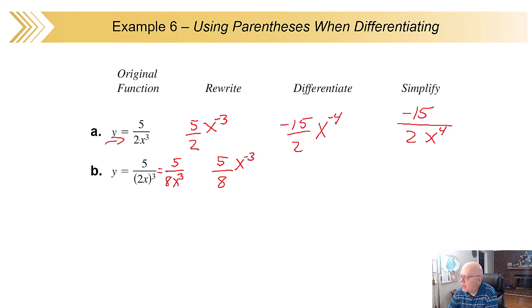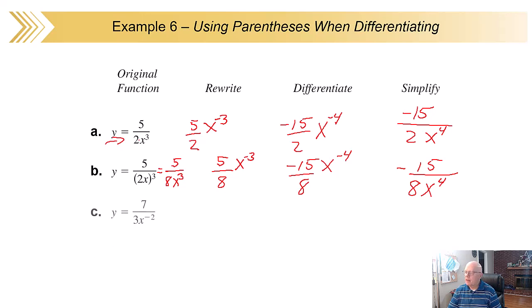Now differentiate, bring that negative 3 out front. I've got negative 15/8 x to the what? Negative 4. Simplify that. Negative 15 over 8 x to the 4th. There's your final answer. Next one.